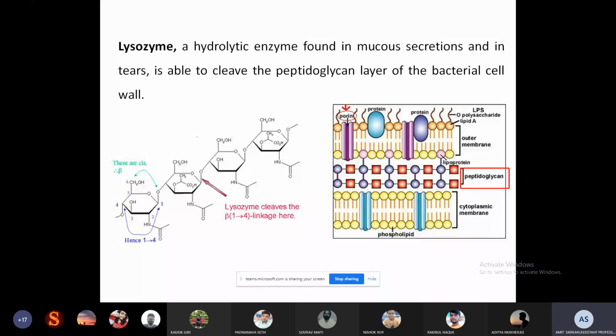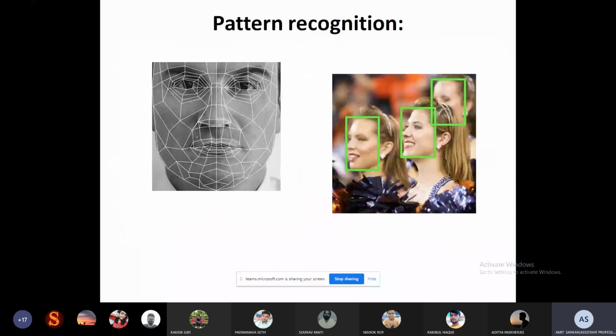For that, they use this type of pattern recognition thing. Maybe you all know about this pattern recognition. Nowadays, if you have a digital camera or mobile phone, you see this type of square. It's asking you to tag your friends. So you see here what is happening. It has been programmed that this is the way a human face should be.